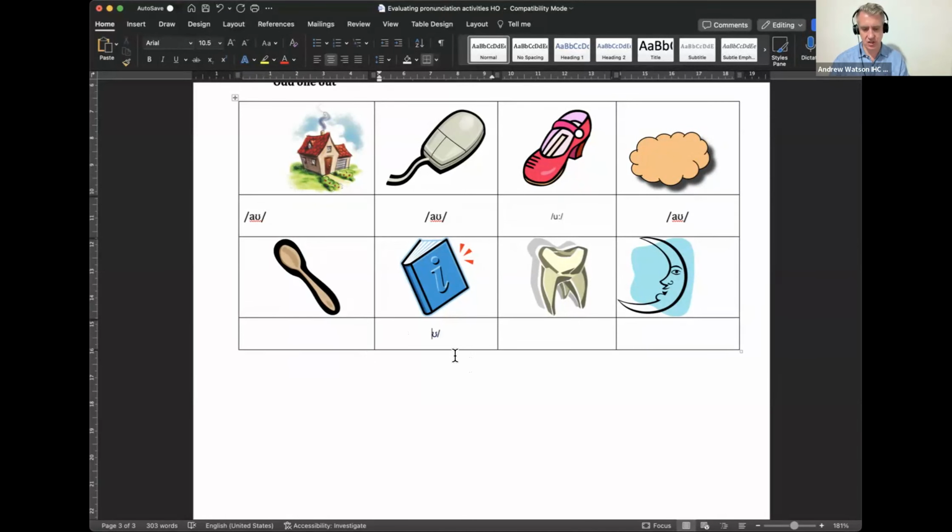We use these slashes to indicate that it's a phonemic symbol, right? So the sound in spoon and moon, even though it's written the same as book, it's pronounced differently, isn't it? That's the complexity, annoying part of English, the pronunciation inconsistencies.